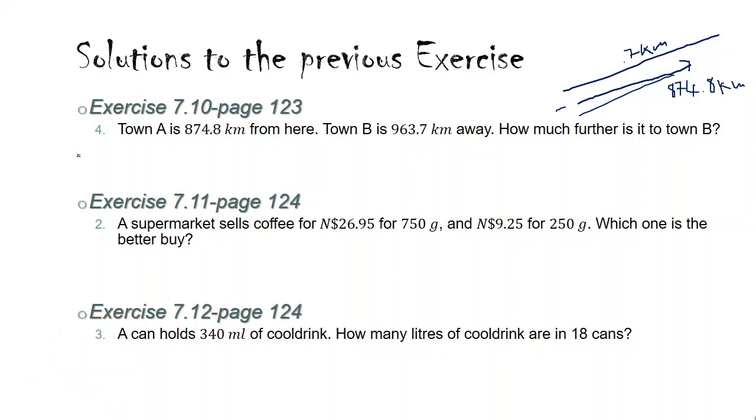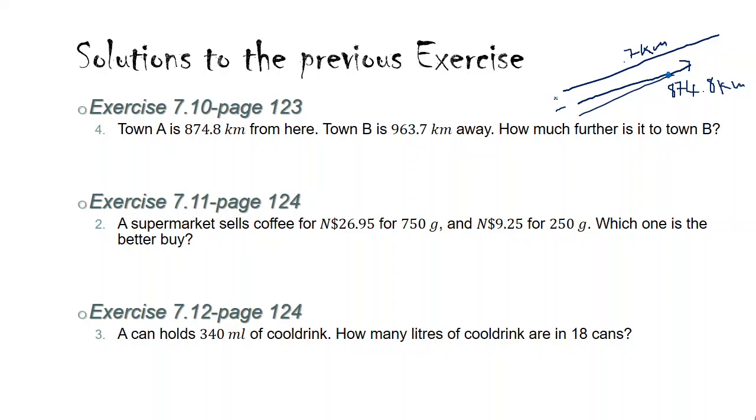The first one says town A is 874.8 kilometers from here. I even drew that picture for you. Let's say we are here at this point, and town A is 874.8 kilometers from here.